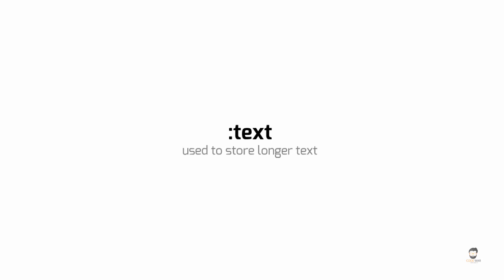So text is used to store longer content, like descriptions, bodies, and posts. For longer content you use the text type, and if you want to store just a heading or title, you can use string.